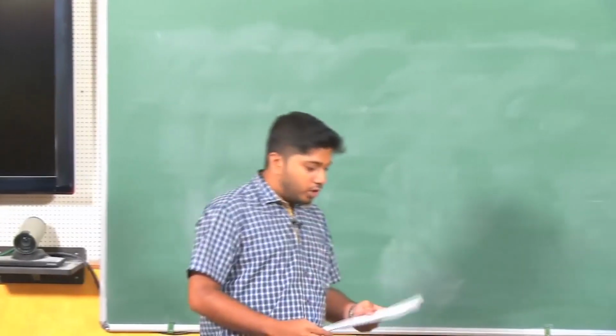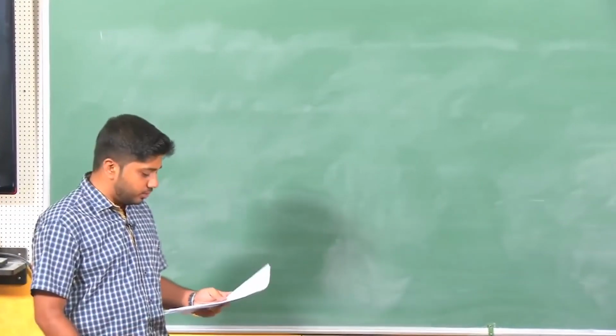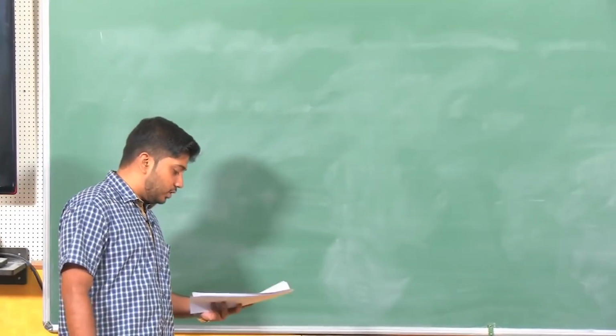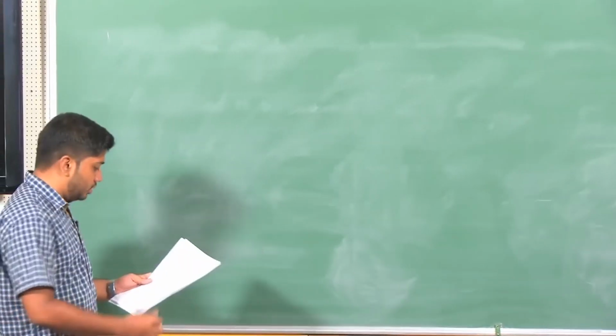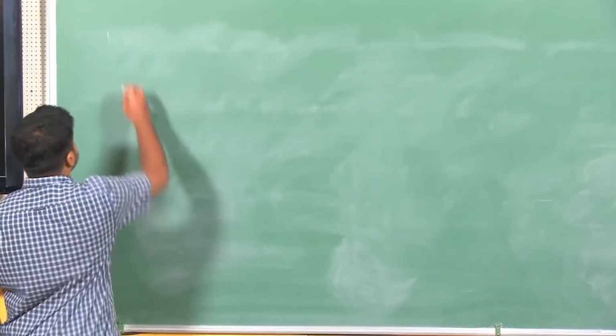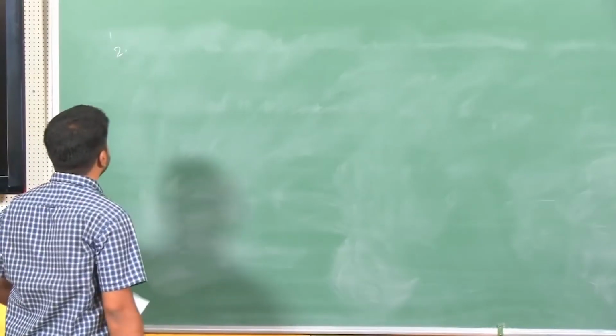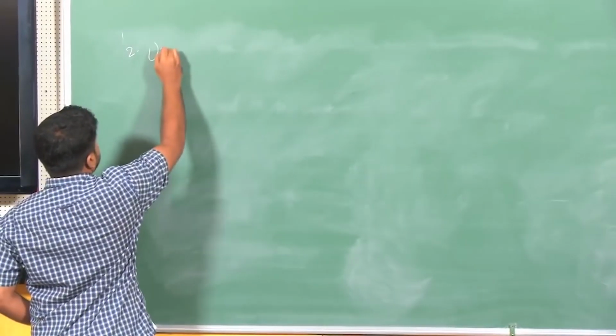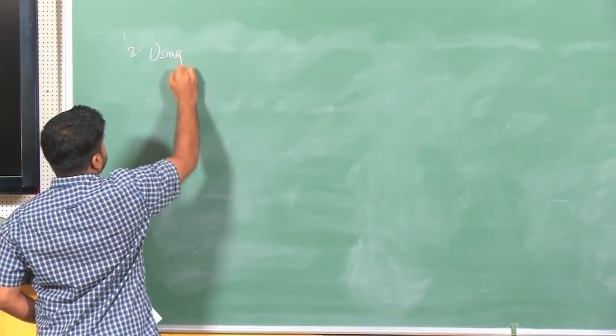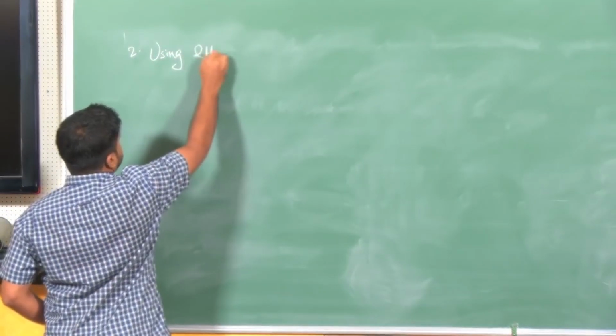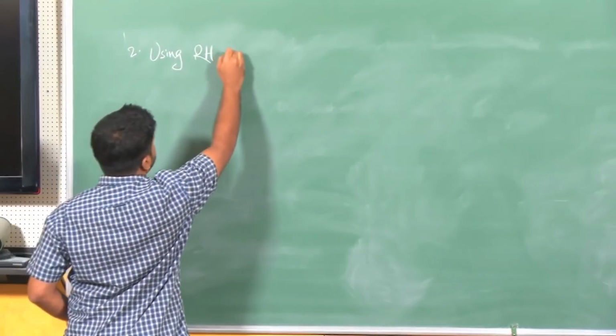Okay, so the second problem we are going to do is on how to find out if the system is unstable or not. So, second problem will be, using Routh.